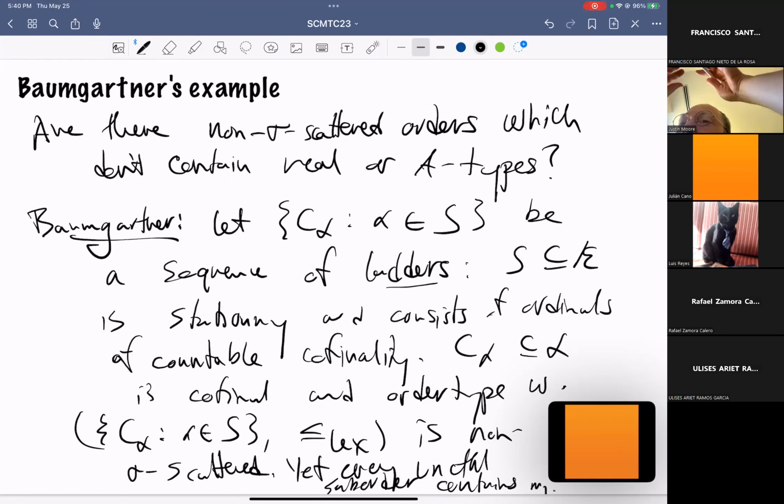And if you decrease the stationary set properly, meaning that you throw away more than just a non-stationary subset of it, then the resulting suborder doesn't contain a copy of the original order. That is, for these examples like Baumgartner constructs, the isomorphism type of the linear order remembers the stationary set, at least up to non-stationary equivalence.